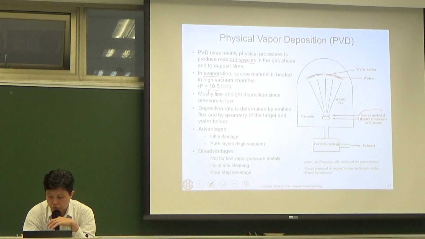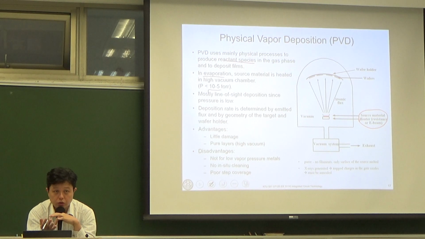So you heat up this source, using thermal heating or an electron beam to bombard the metal. It begins to increase in temperature to the melting point, and then it can evaporate.